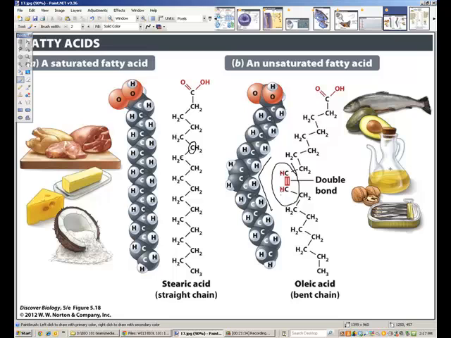And you know, at room temperature, you have oil being liquid and butter being solid, even though they're the exact same polymer. So that's kind of odd. The reason is because of molecular motion. These guys can be packed together.